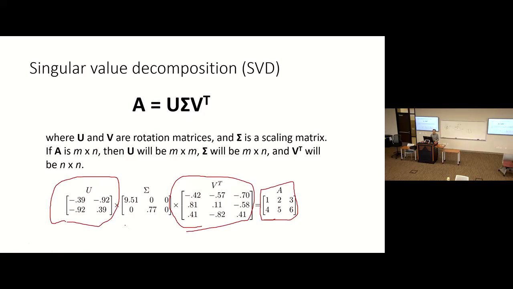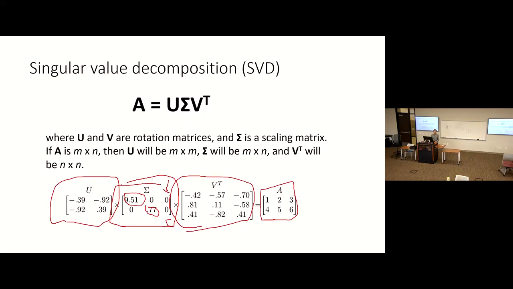Another thing you have to pay attention to is this sigma matrix. Okay, this sigma matrix is in the middle here. It only contains values in the diagonal position. So you have this 1, 1, 2, 2, and because this matrix is not 3 by 3, you don't have any values here. So you just fill up the last column with zeros.